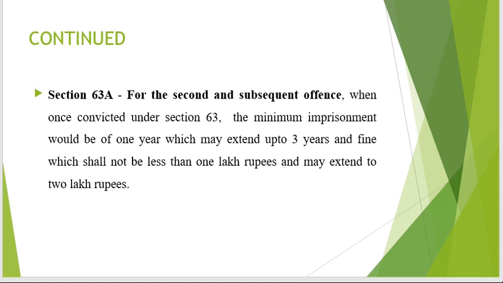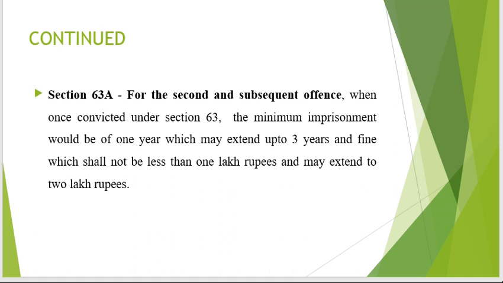So for the second and subsequent offence, the minimum imprisonment for that person would be 1 year, and that may extend to 3 years, and the fine would be not less than 1 lakh rupees, and it may extend to 2 lakh rupees.